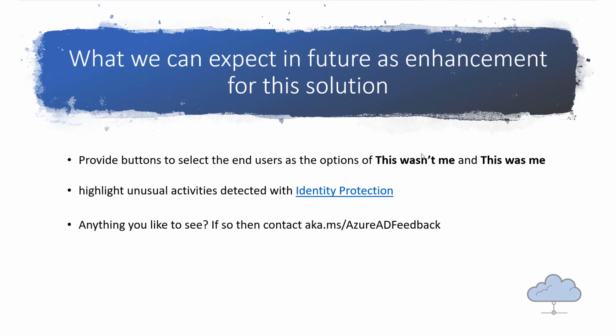That information will be collected by the administrator, who will be able to help if support is required. And in future Microsoft is also expecting to integrate Identity Protection detected unusual activities into the portal, so it will give much more visibility for the end user.